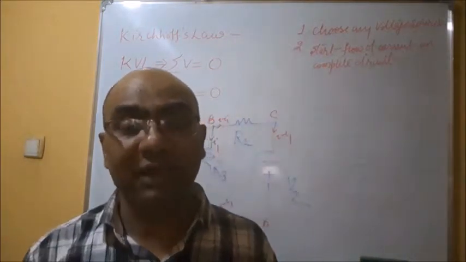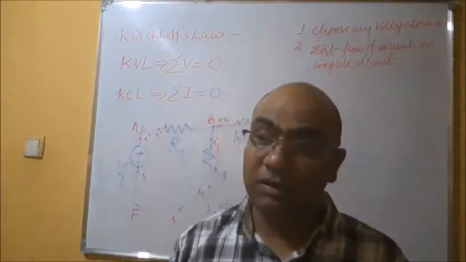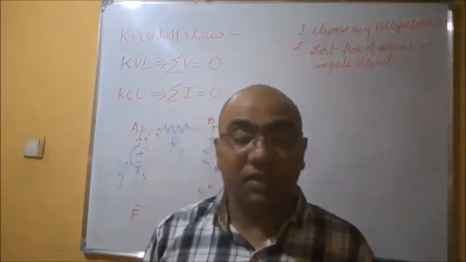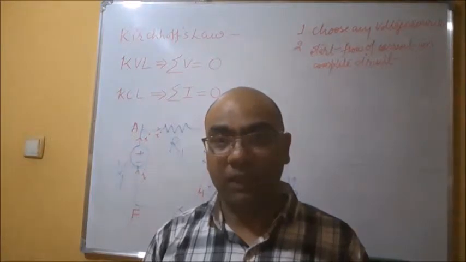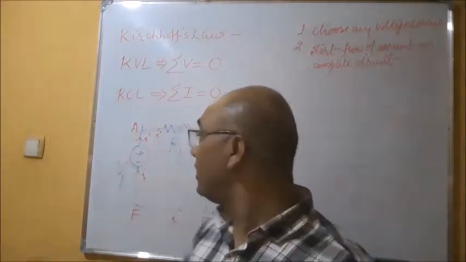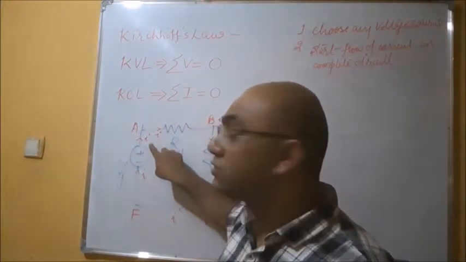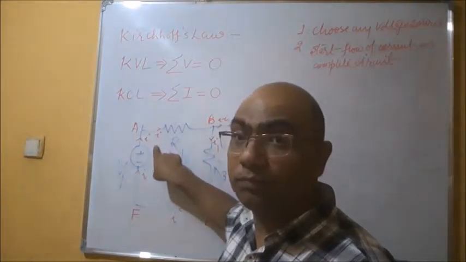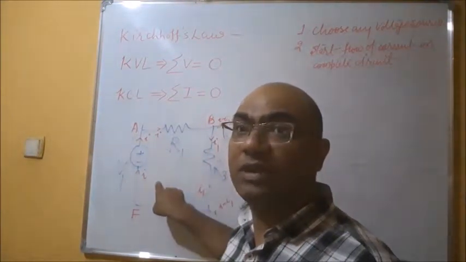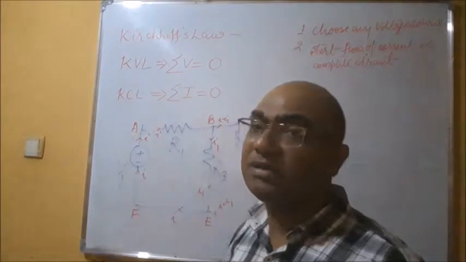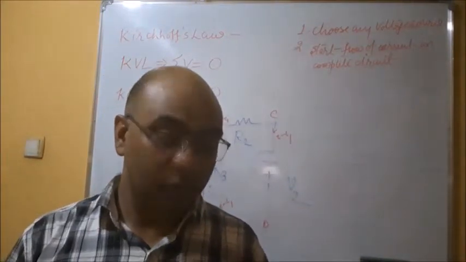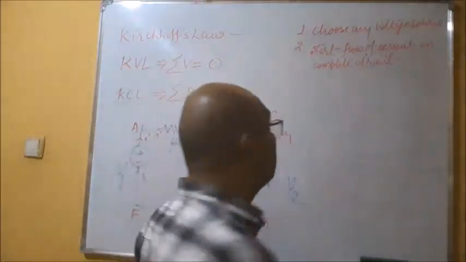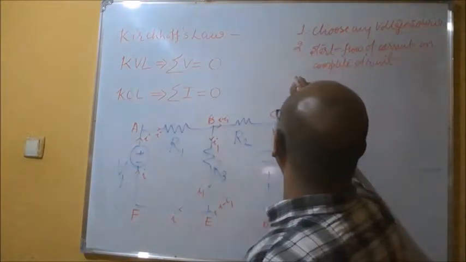Otherwise, you have to check whether you have made a mistake in distributing the current in the whole circuit. Since our current I is going out from this positive terminal and the same current is coming at the negative terminal, we are correct for the second point, and now we can move towards the third point. So what is the third point?